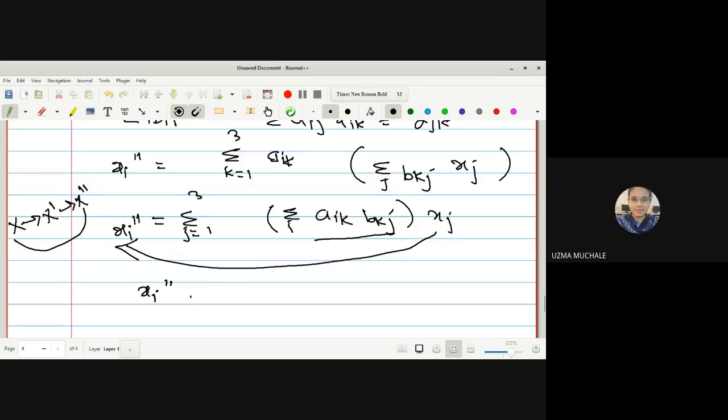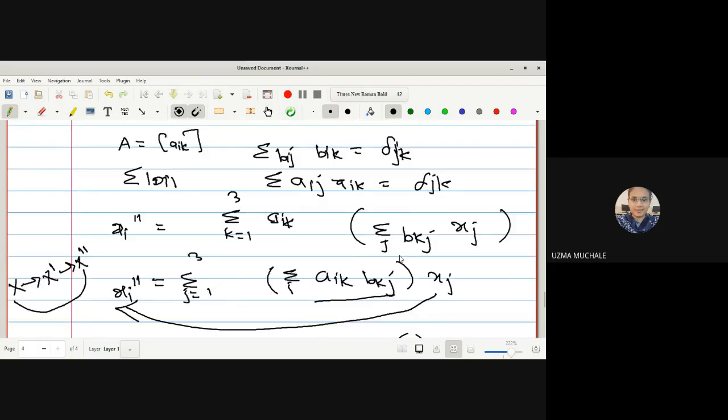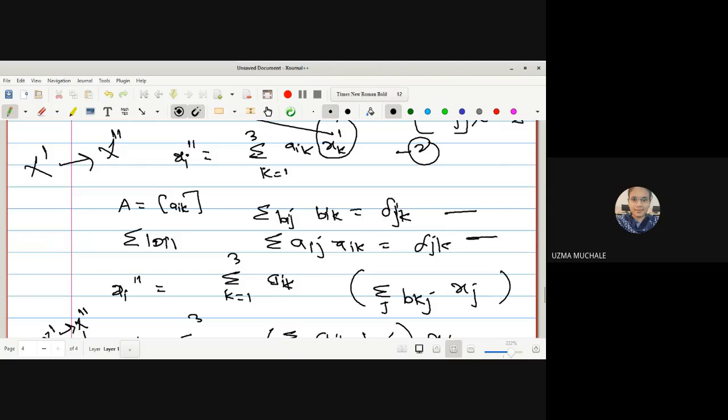So xi double dash is equal to summation over j as it is. This I can name as some other matrix, say Cij. k is common, so I can write the matrix as Cij xj. Say this is our equation 5. Equations 1 and 2 we have already used, and these orthogonality conditions we will name equations 3 and 4.